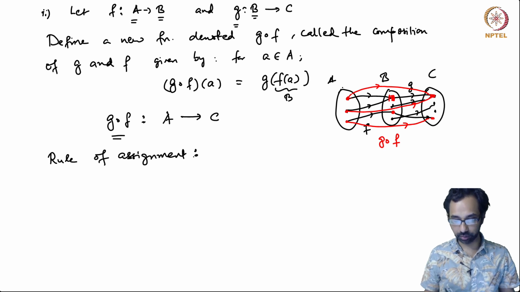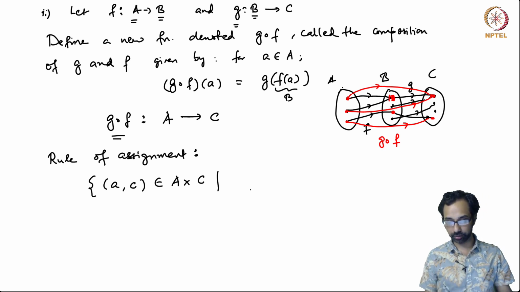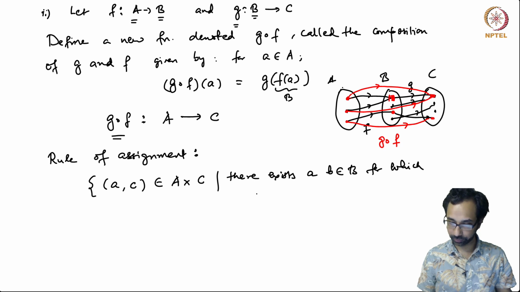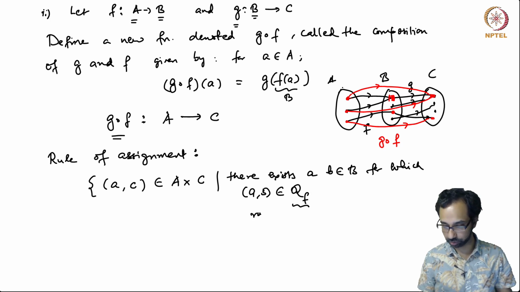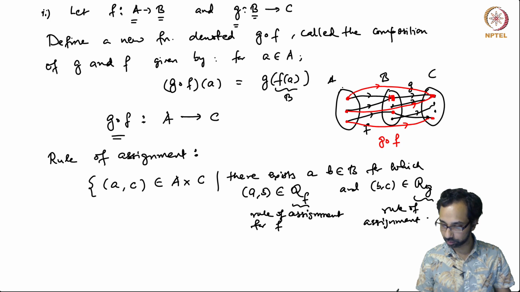The rule of assignment for the composition is the collection of (a, c), an element of A cross C, the Cartesian product, such that there exists a b in B for which (a, b) belongs to the rule of assignment for f, which I denoted by R_f, and (b, c) is in R_g, the rule of assignment for g.